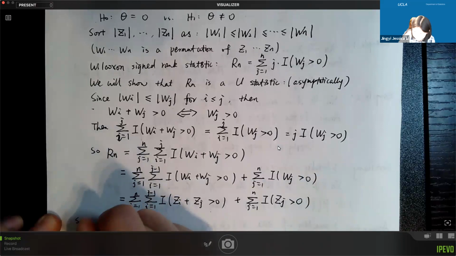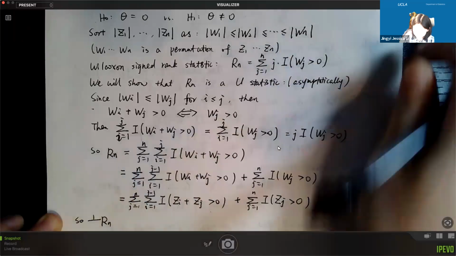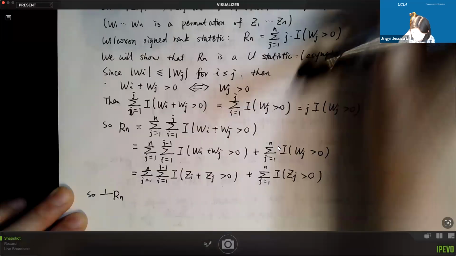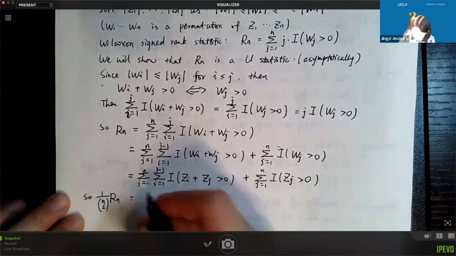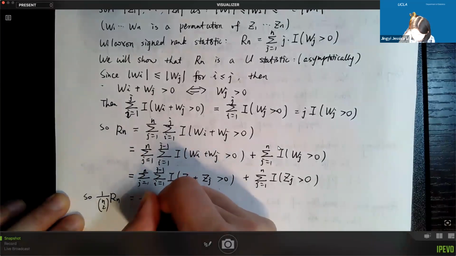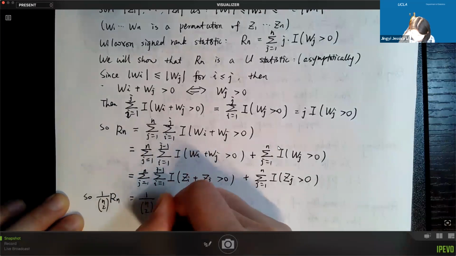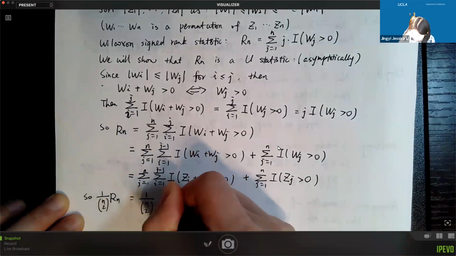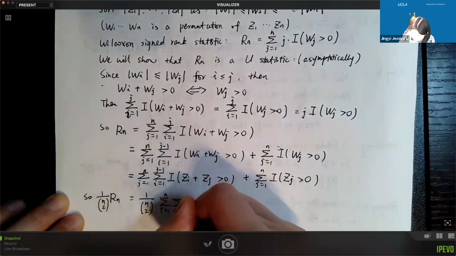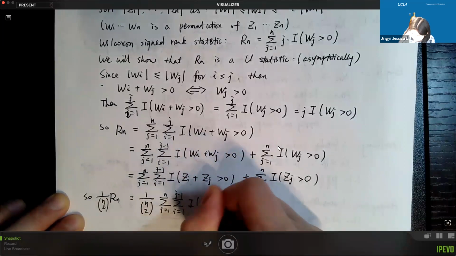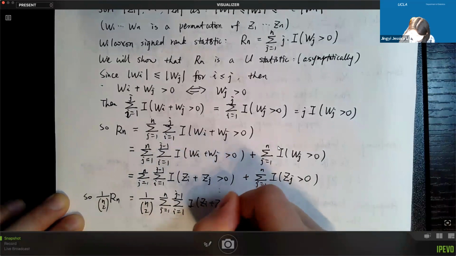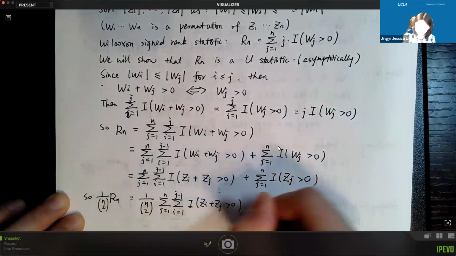If I divide Rn by n choose 2 on both sides, I have 1 over n choose 2, j from 1 to n, i from 1 to j minus 1, indicator Zi plus Zj positive.